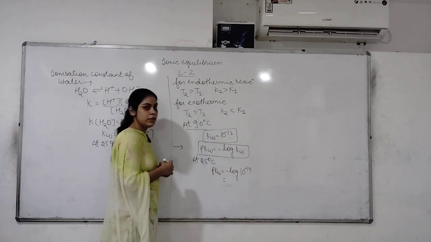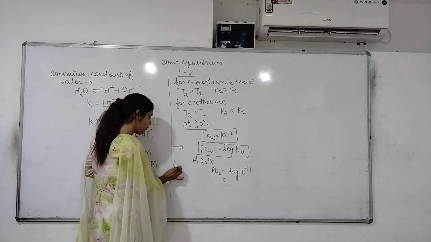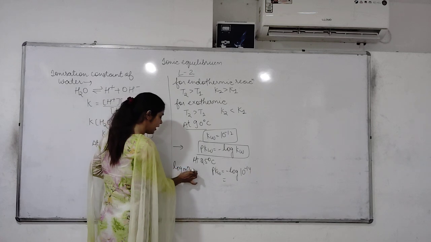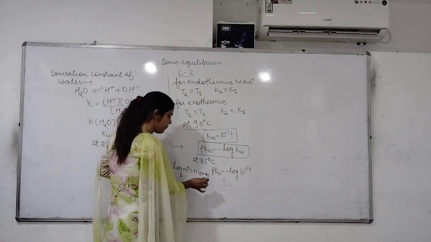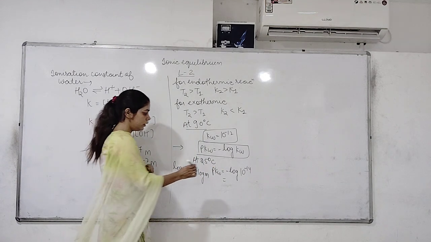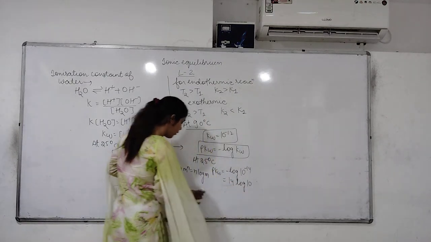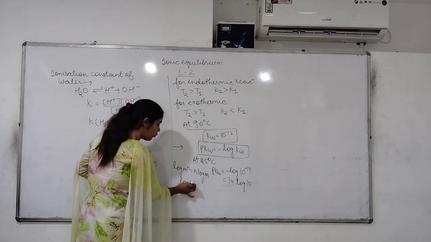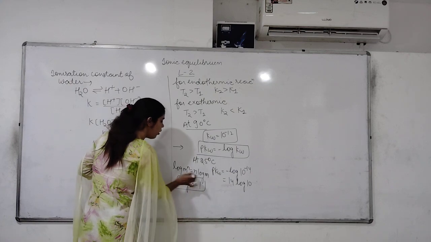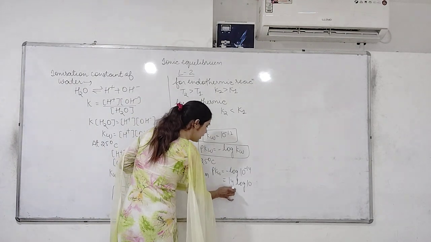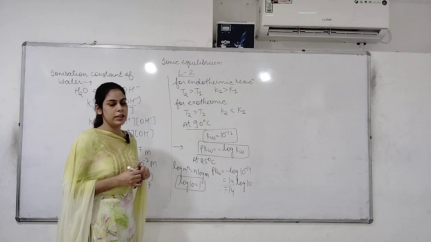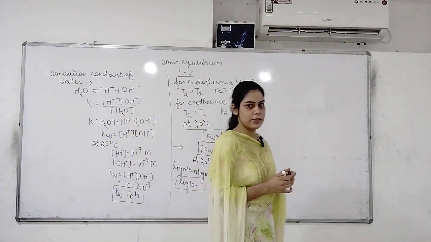So minus 14, you all may know the property of log: log m raised to power n is equal to n log m. Minus 14 will come in front of the log, it will become 14 log 10. And the value of log 10 is 1. So pKw is 14 for water at 25 degrees Celsius.